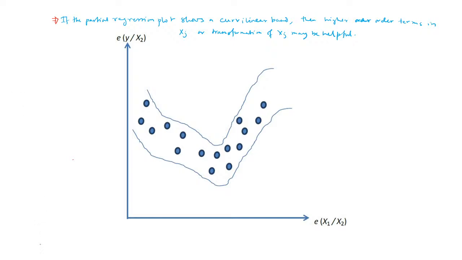And note that if x1 is a candidate variable which is considered for inclusion in the model, I think it is better to write in that part.